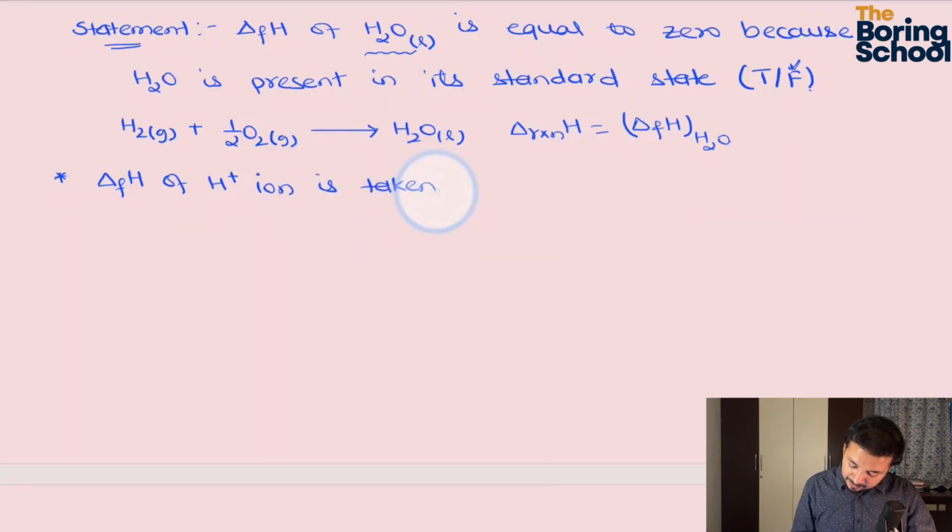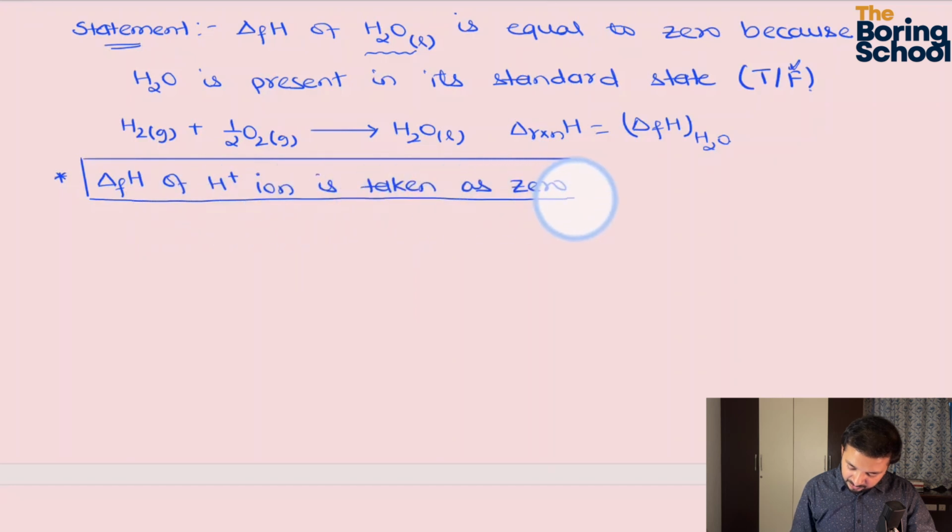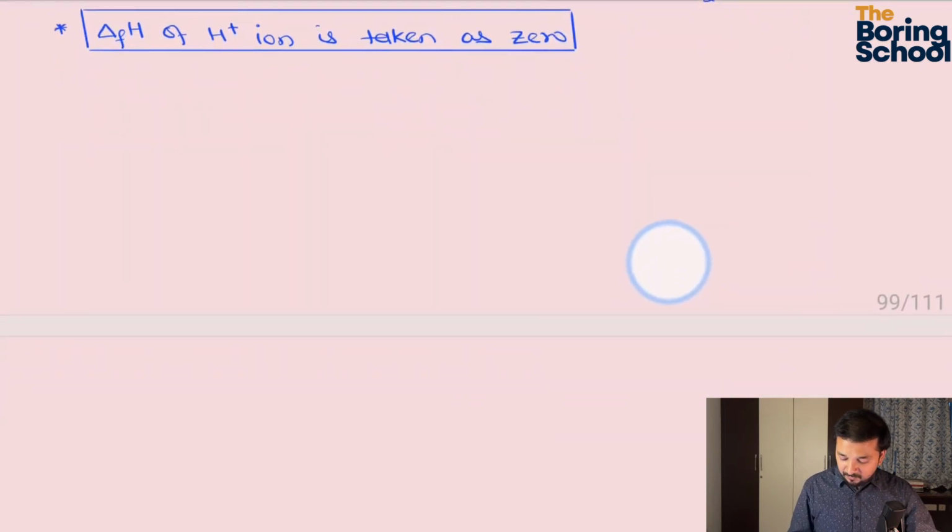This is again an important point which is used in the questions. Heat of formation of H plus ion is taken as 0. Fine, so this also I have understood.